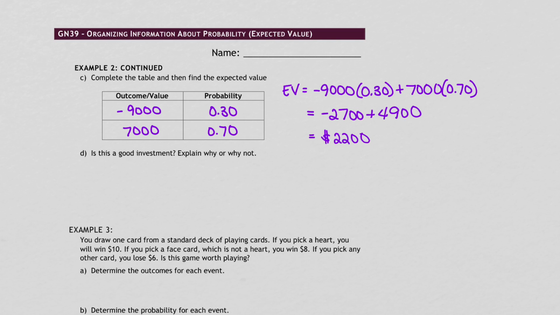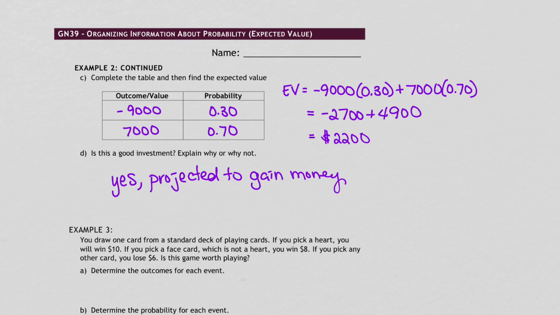So the question is, is this a good investment? Well, they didn't come up in the negative, so yes, it would be a good investment because they are projected to gain money.